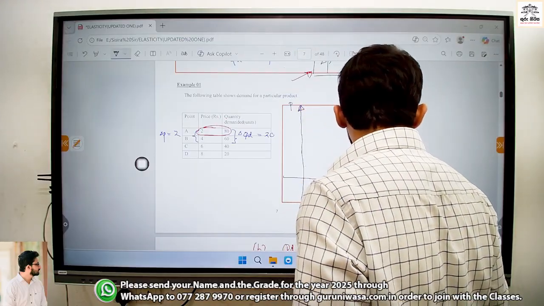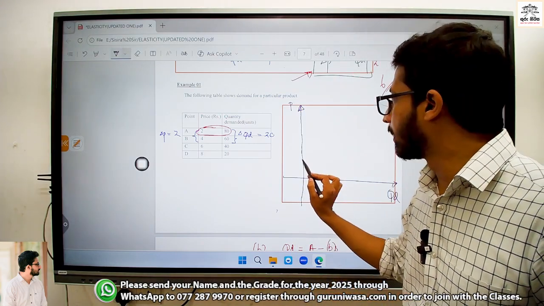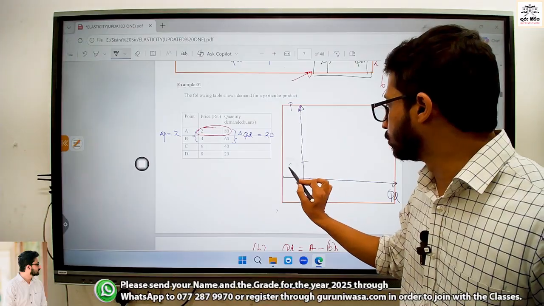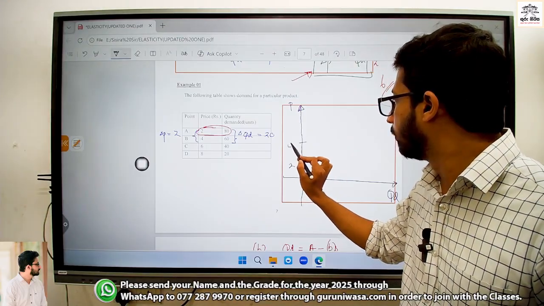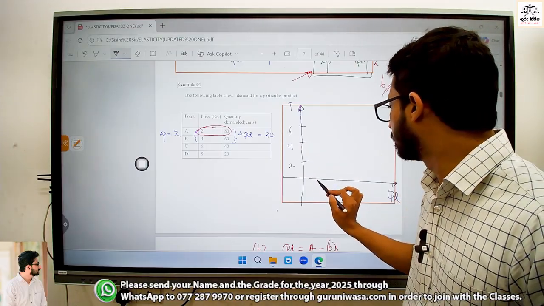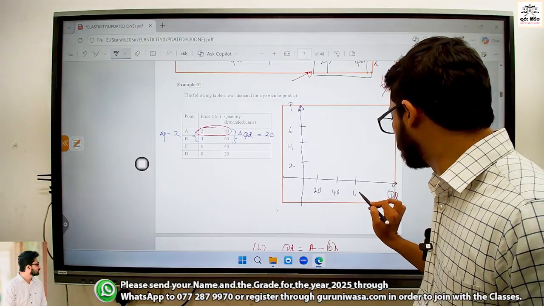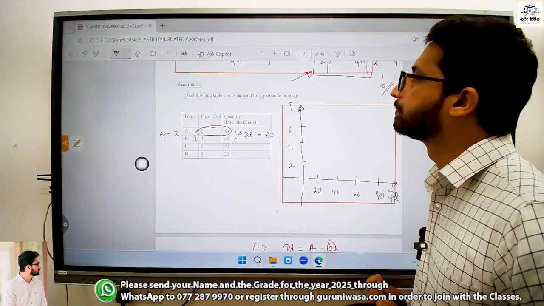Price, QD. Draw a demand curve and here price changes 2 by 2: 2, 4, 6 and 8. Quantity demand 20, 40 and 80.